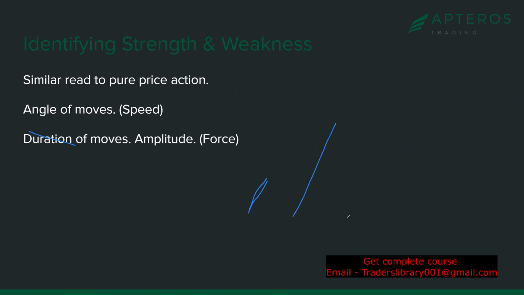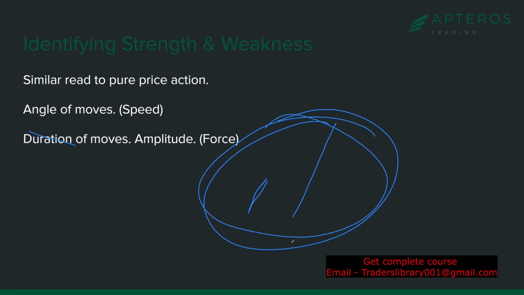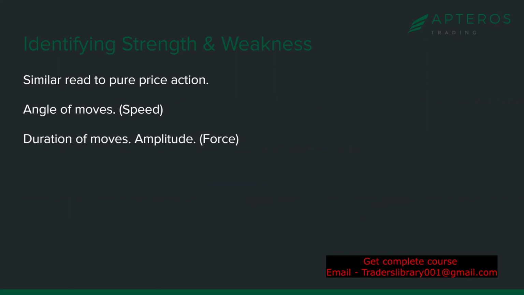That's stronger because it went further. So we could apply this to price action. We can apply this to how much order flow is being done per unit of time, how much aggressive order flow is being done, right? So we read it the same way, it's just different data sets.